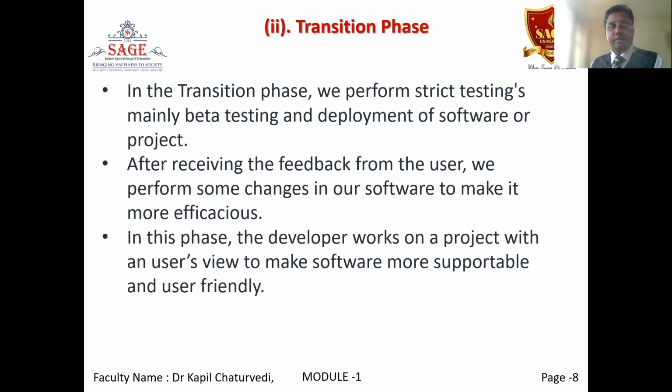The management process is managing and monitoring the whole process, and the software company completely develops the software and deploys it on the client side. Now in this phase, we mainly focus on the user's view, because here we are working on the reviews of the customers and making the appropriate changes as per the demand of the customer.